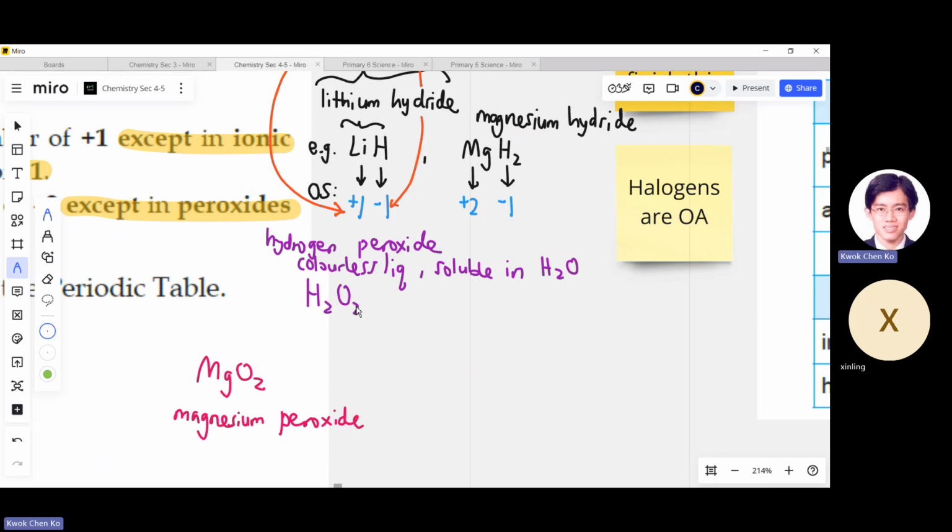So if you see something funny, suspect that it's a peroxide. Of course, if I write my OS, magnesium is still +2. Oxygen is no longer -2. It's now -1 because it's a peroxide. Anytime you know it's a peroxide, OS is -1 for oxygen. Look out for that.